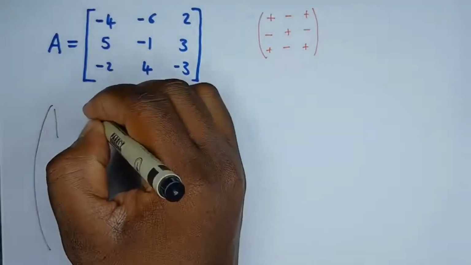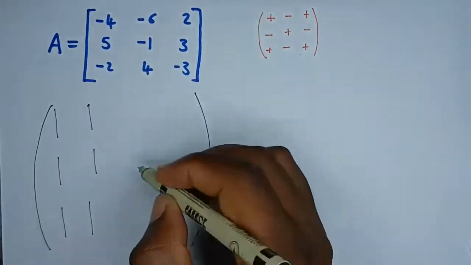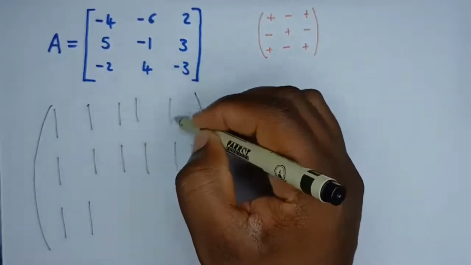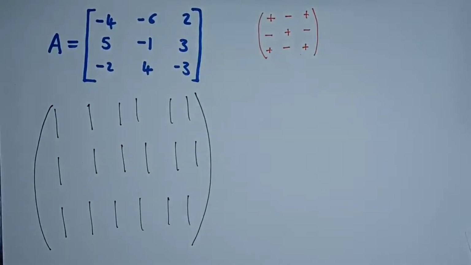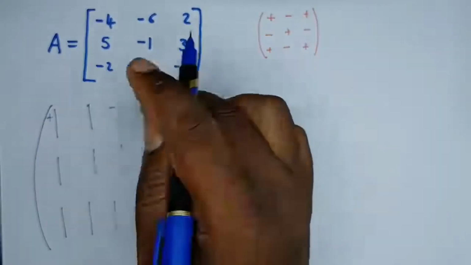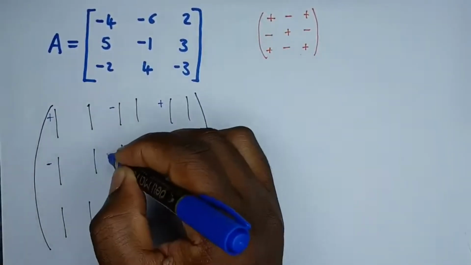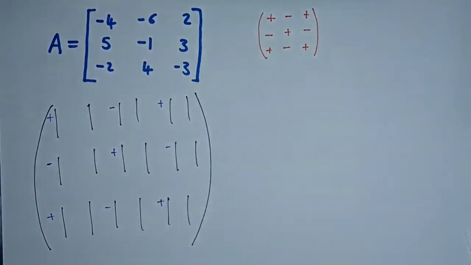So that's the first one, the second one, third, fourth, fifth, like that. Some of them look small. So you see what will happen once we start replacing the intended values. Now, according to this, this one is positive, this one is negative, though it's too small. We'll make it bigger. This one is positive, this one is negative, positive, negative, positive, negative, positive, like that.